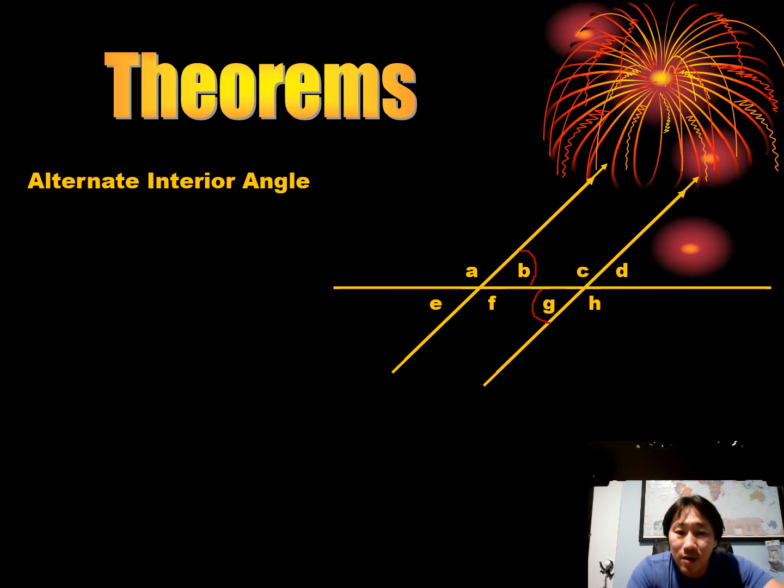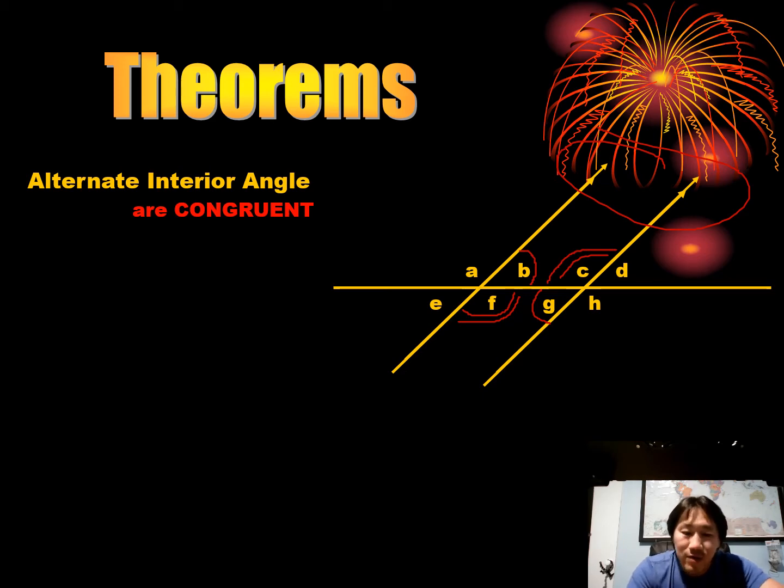According to the theorem, all alternate interior angles are congruent. So angle B and angle G will be congruent, again, only if the lines are parallel. Another pair of alternate interior angles is F and C. They are also congruent.